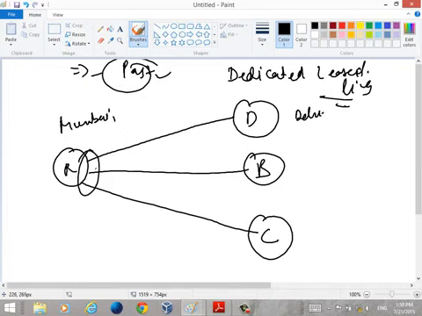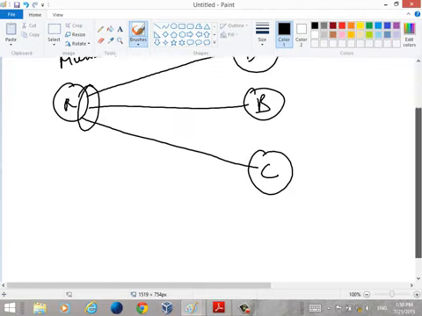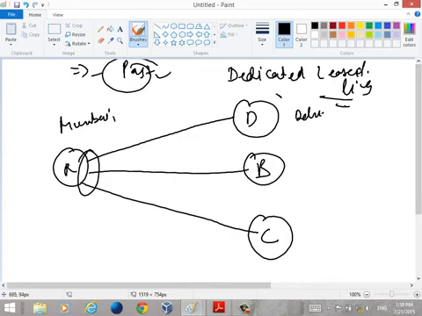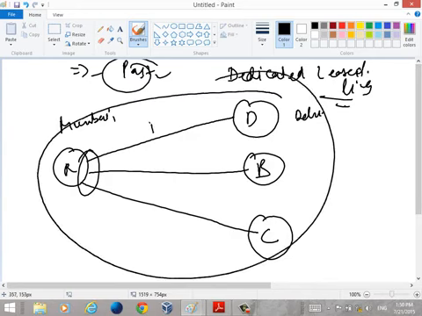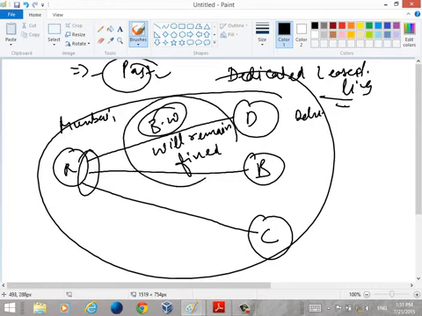You can take a single connection, and by using that single connection you can reach multiple sites. In this case, bandwidth will remain fixed. What is the use of a lease line? Lease line means I am having my own path.